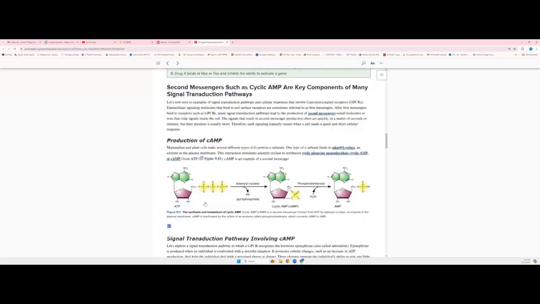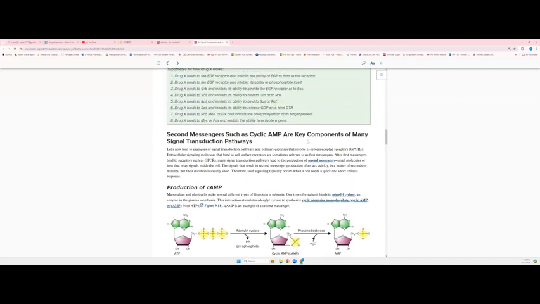So we're going to talk about one very important messenger called cyclic AMP. So this is cyclic AMP. It's a very important component of many signal transduction pathways.